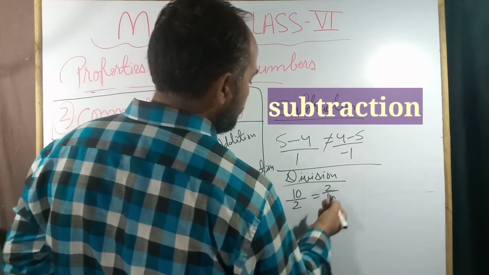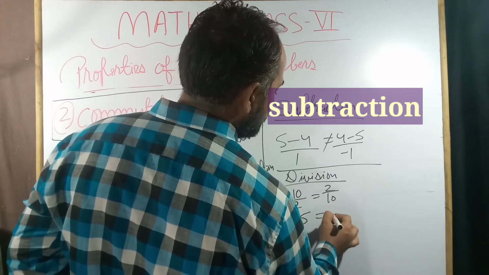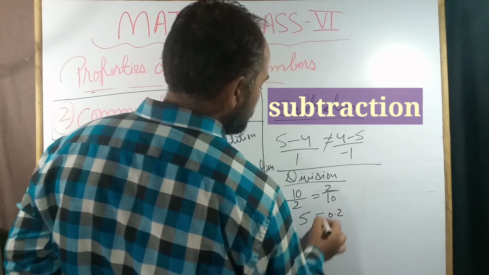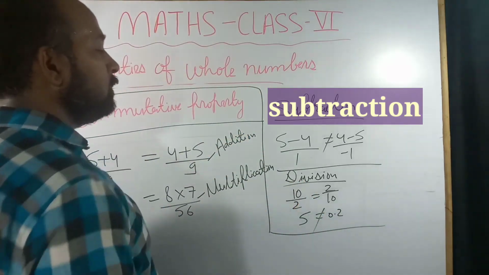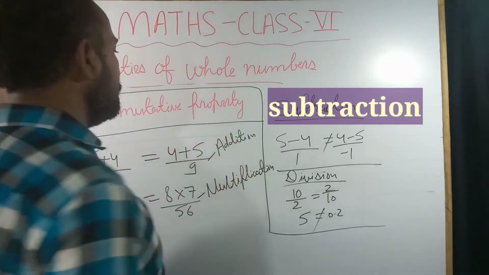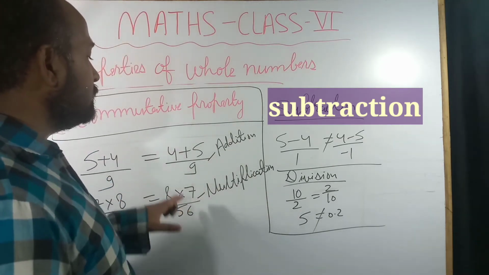Here the answer will be 5, here the answer will be 0.2, so it's not equal. So in the case of subtraction and division, this property will not be applied, but in the case of addition and multiplication it is applied.